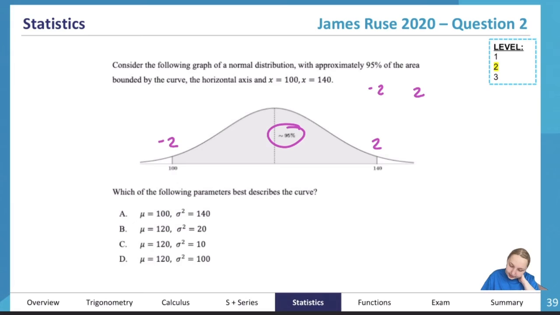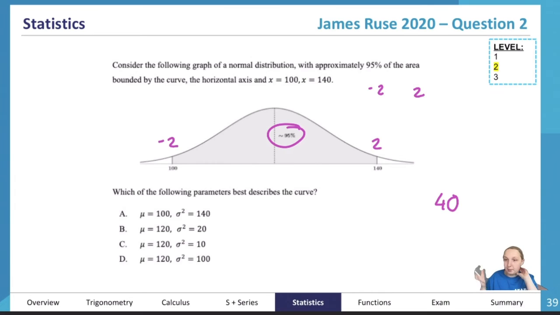So that indicates that there is going to be 40 units between these two things, okay? So what do we do from here? What is going to be our mean? What is going to be our standard deviation squared? Okay, is essentially what we're looking at here.